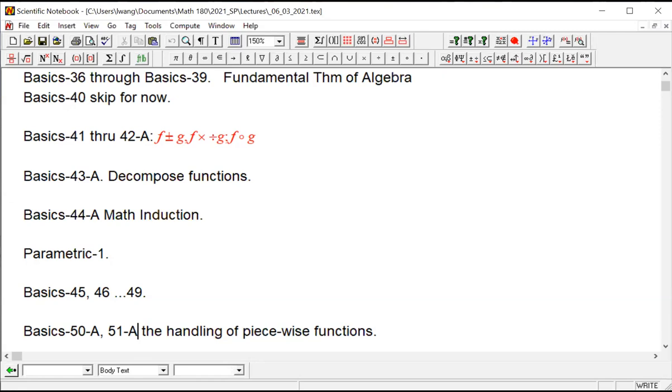We didn't cover anything afterwards, I believe. From basic 52 through the rest of them, and the polar, we don't have time to cover polar. Polar is something you will encounter. I think at the time your teacher will cover that in your calculus classes, and you can pick up.